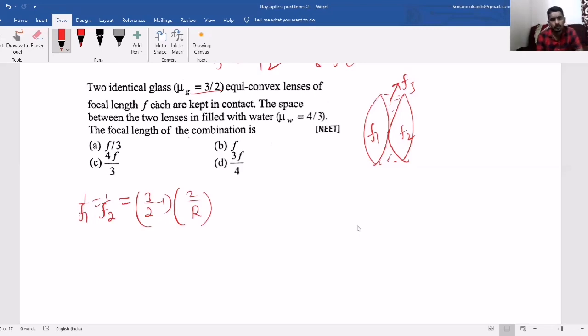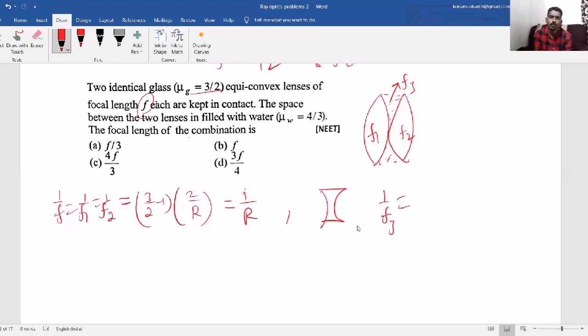This is actually the focal length of each of them, that is equal to 1 by f, because the two convex lenses each have focal length f. So 3 by 2 minus 1 means 1 by 2, the 2s cancel, equal to 1 by r. Now, if you consider this part.